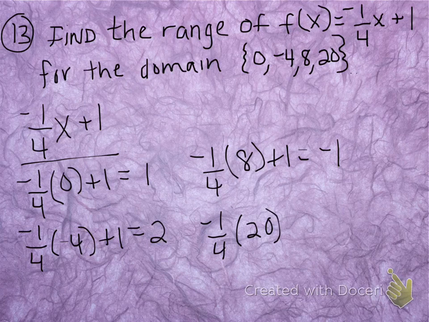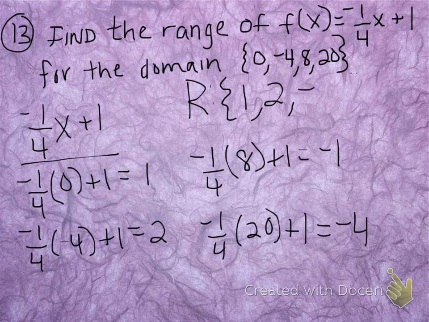And -1/4 times 20 is -5, plus 1 gives you -4. So your range is going to be 1, 2, -1, -4.